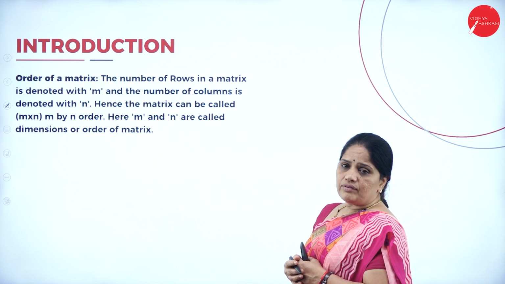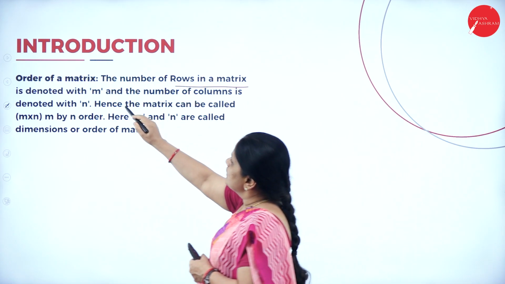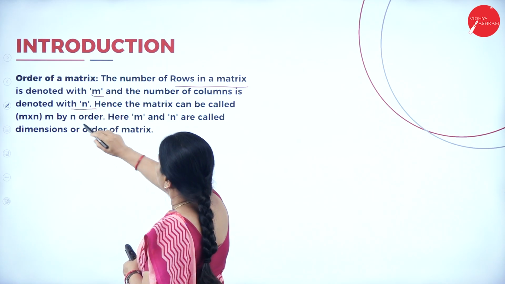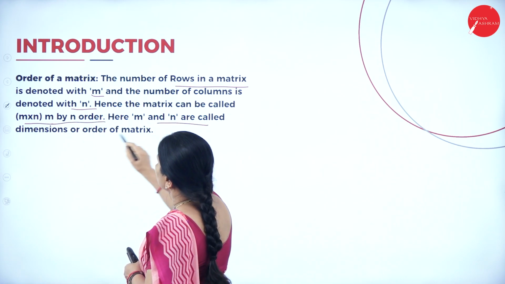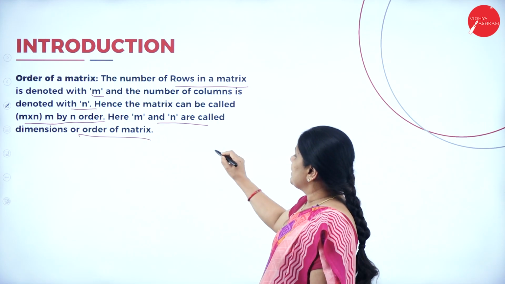Next. Order of a matrix. The number of rows in a matrix is denoted with M, and the number of columns is denoted with N. Hence, the matrix can be called as M by N. Here, M and N are called dimension of the matrix or order of the matrix.